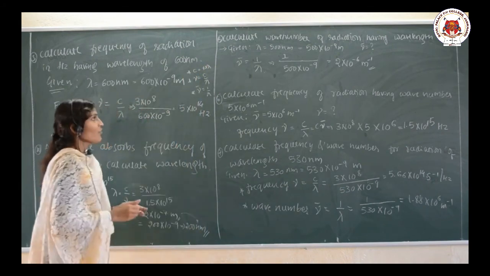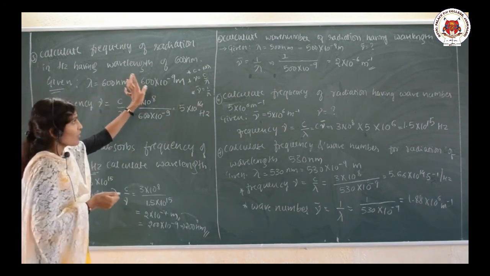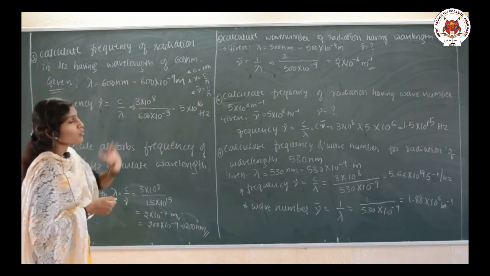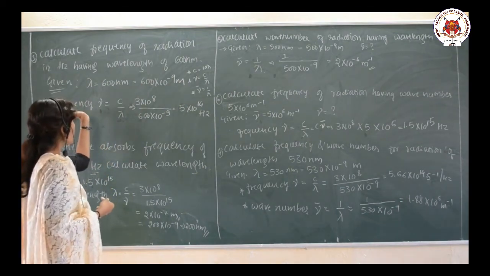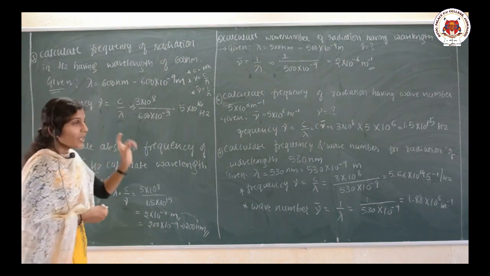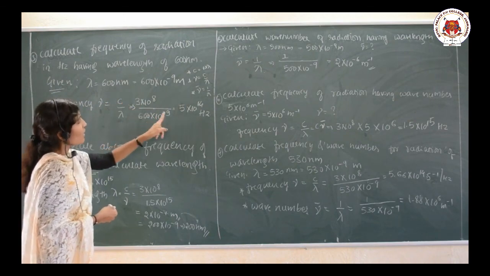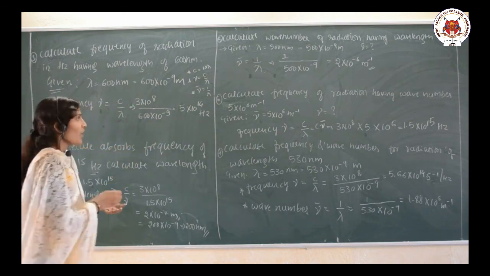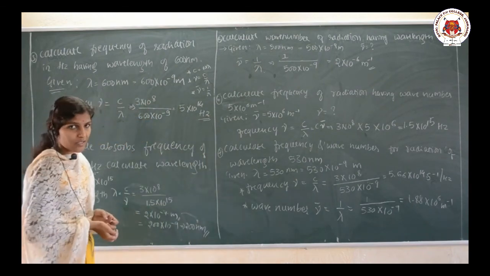Just write down whatever they have given first, and convert them into meters if necessary. Then write down what you need to calculate, enter the relevant formula, substitute the given values correctly, simplify it, and write your answer with the unit, because the unit carries the 1 mark.